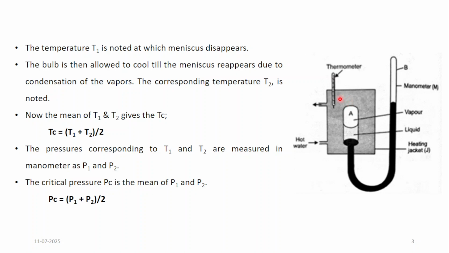Once it disappeared, increase the temperature a bit higher, then you go on decreasing. Decrease the temperature slowly and note down the temperature T2 at which this meniscus reappears. Okay. Now to find the Tc, that is critical temperature, you have to take the average of T1 and T2. Okay. So Tc is equal to (T1 plus T2) by 2.